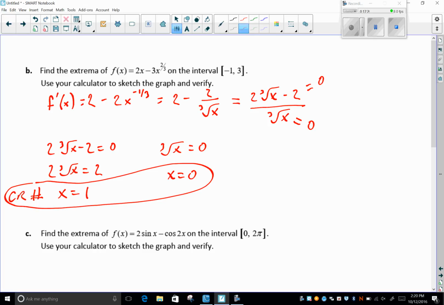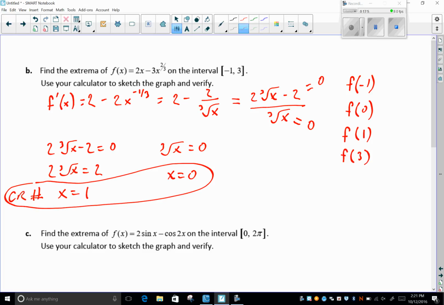So now I need to compare those critical numbers with my endpoints by plugging everything back into the original function. So I'm going to start with my left endpoint of -1. Then I have a critical number of 0, and I have a critical number of 1, and I have a right endpoint of 3.